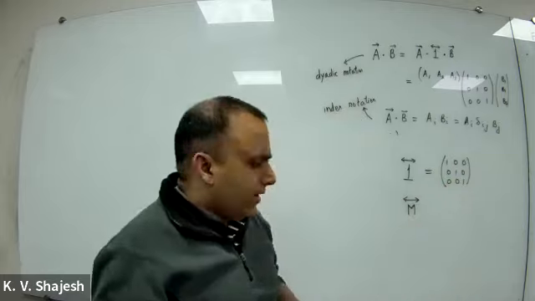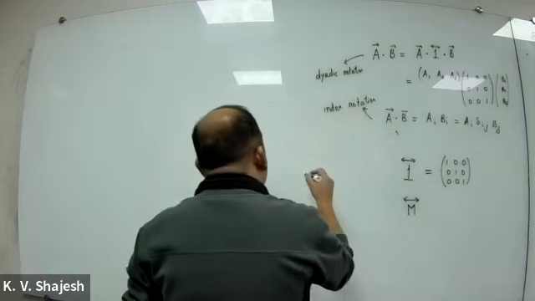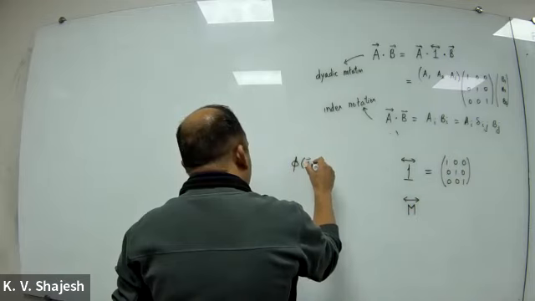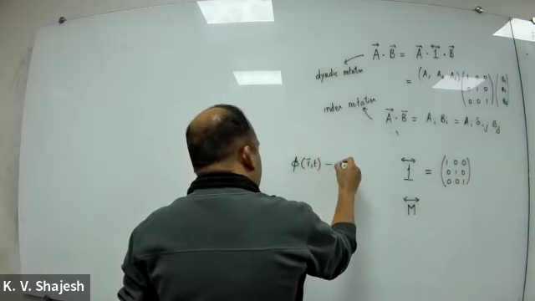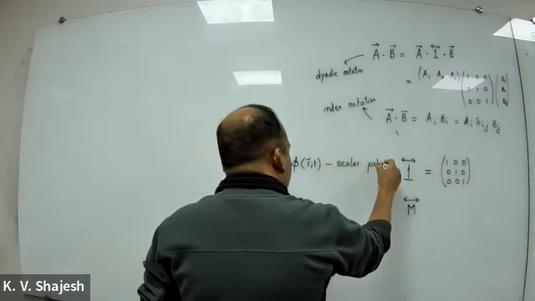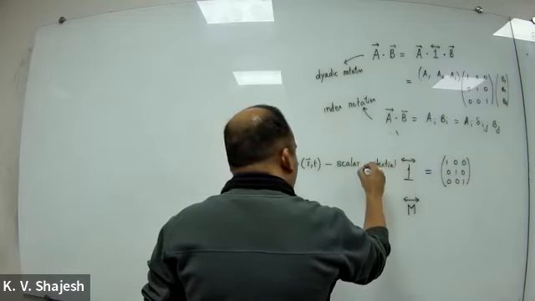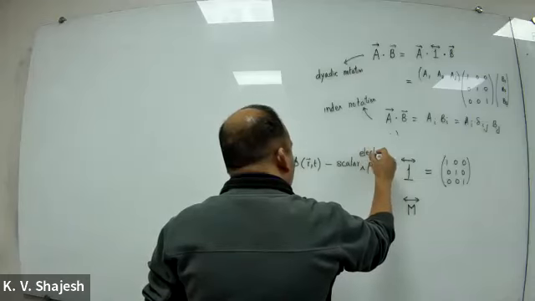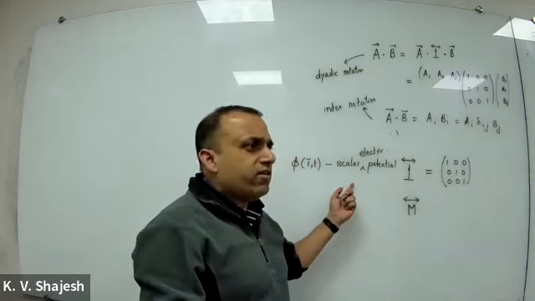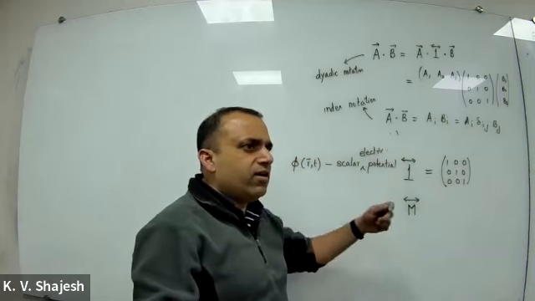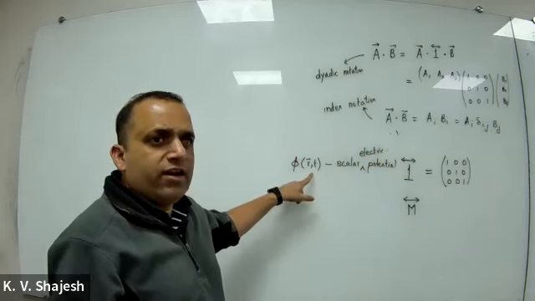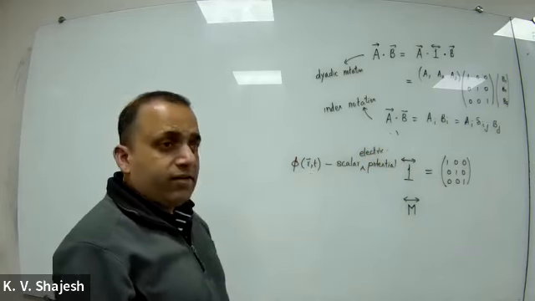The best example is phi of R, T. This is the scalar potential, correct? Familiar? Scalar electric potential, maybe? That's the voltage, like what we measure for a capacitor. So that's a quantity related to the scalar electric potential.